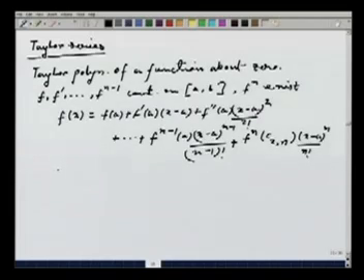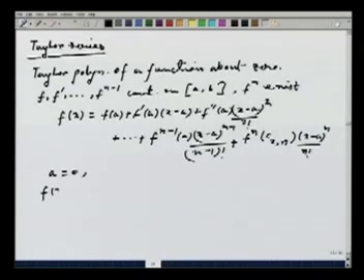So put a equal to 0. This is called the Maclaurin polynomial, or the Taylor polynomial for simplicity. So in that case I get f(x) equal to f(0) plus f prime(0) times x plus f double prime(0) times x square by factorial 2 and all that.